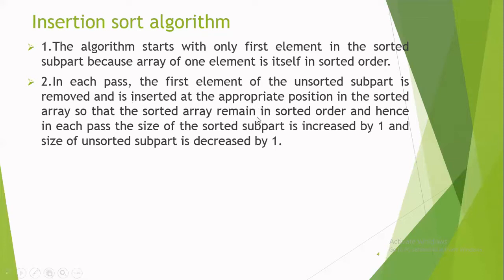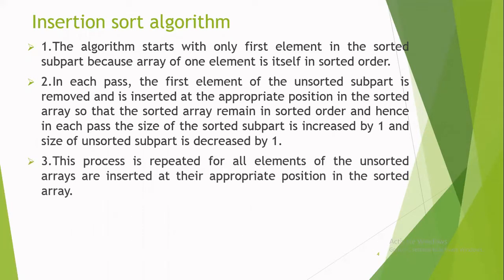Hence, in every iteration, the sorted list will be increased by one element and the unsorted list is going to be decreased by one element. And this process is repeated for all the elements in the unsorted list. So this is just a theoretical description of insertion sort.